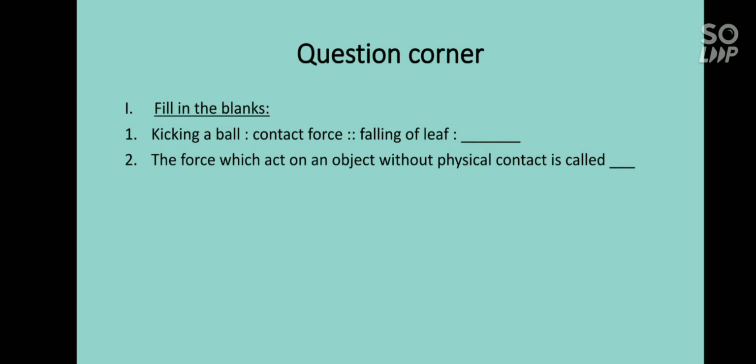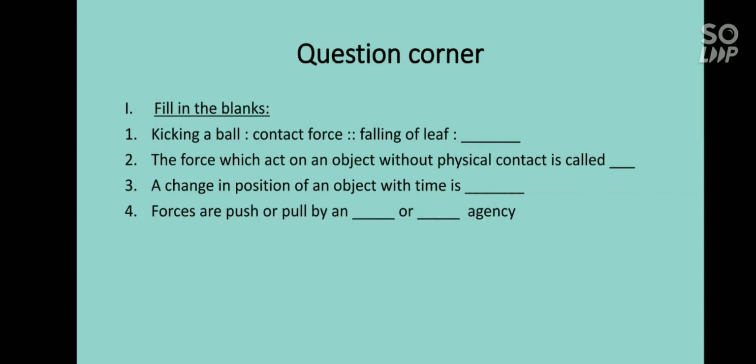That is, there is no contact between the object and the force. Then what is the name of that force? Third, a change in position of an object with time is dash. Fourth, forces are push or pull by an dash or dash agency. Fifth, force can bring dash in shape.